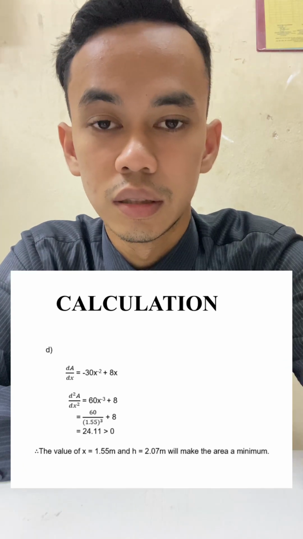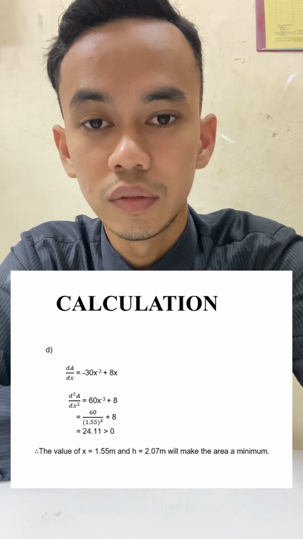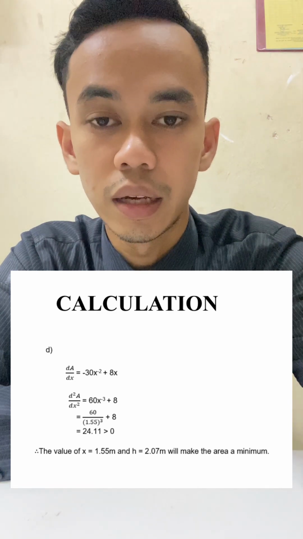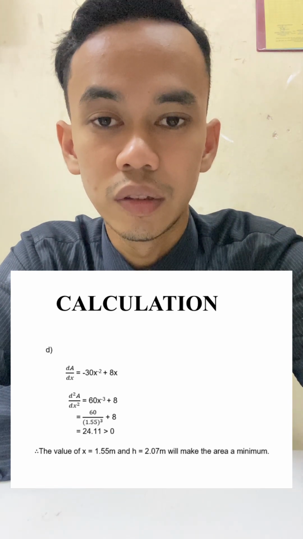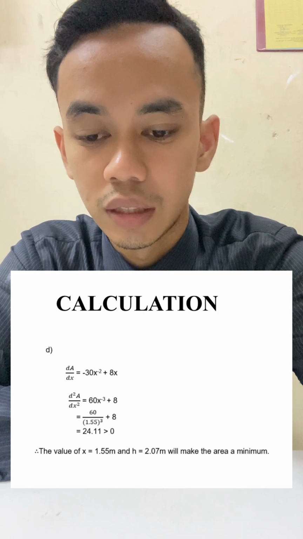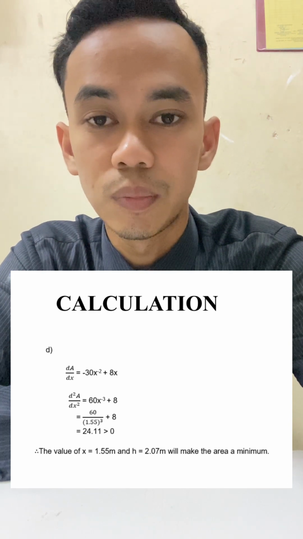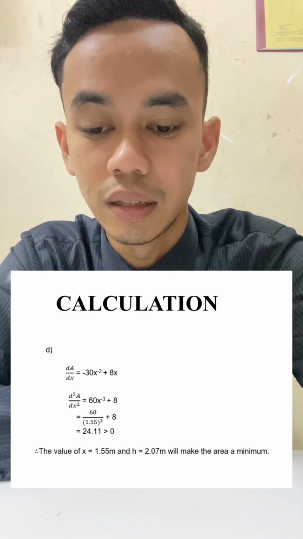For the next question, the value of dA over dx, which is negative 30x to the power of negative 2 plus 8x, I did the second derivative from that equation. So the answer is 60x to the power of negative 3 plus 8.